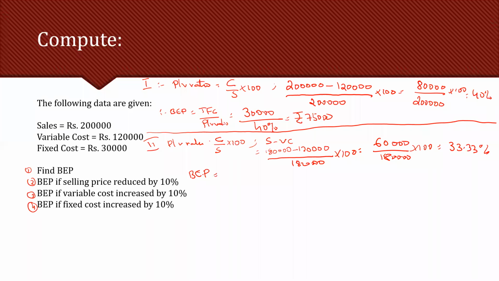How? Total fixed cost by PV ratio. 30,000 by 33.33%.